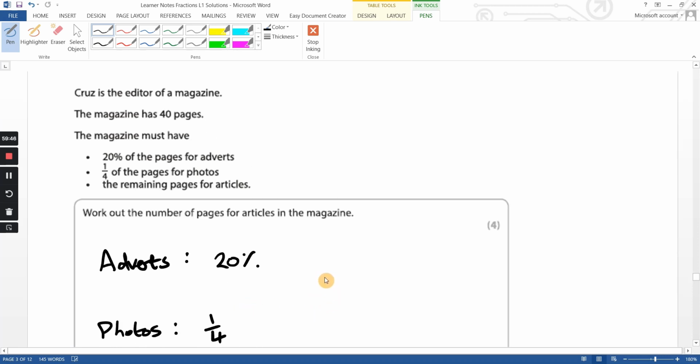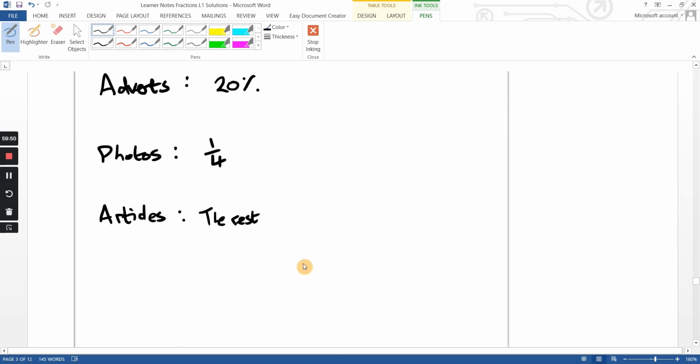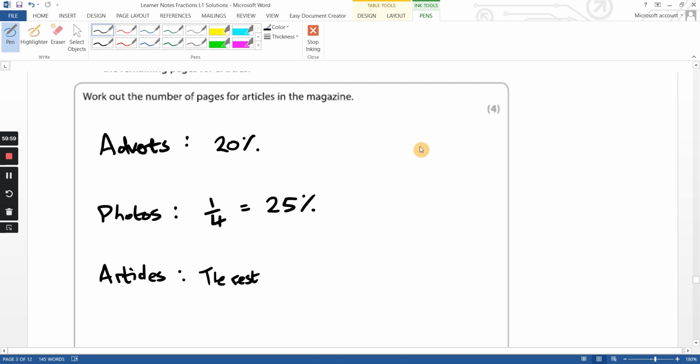So 20% for adverts. Photos is a quarter, which is the same as 25%. So far we've got 25 plus 20, 45%. So the rest must be 100 minus that, which is 55%.